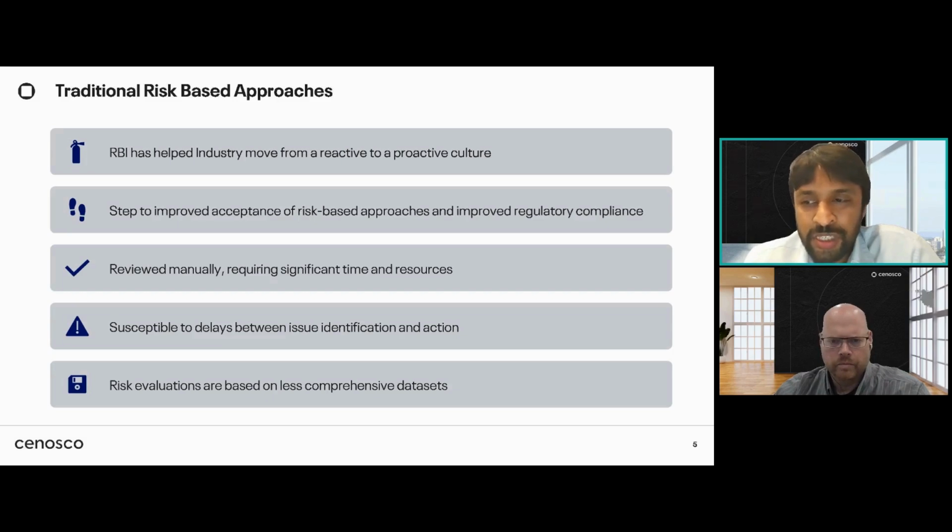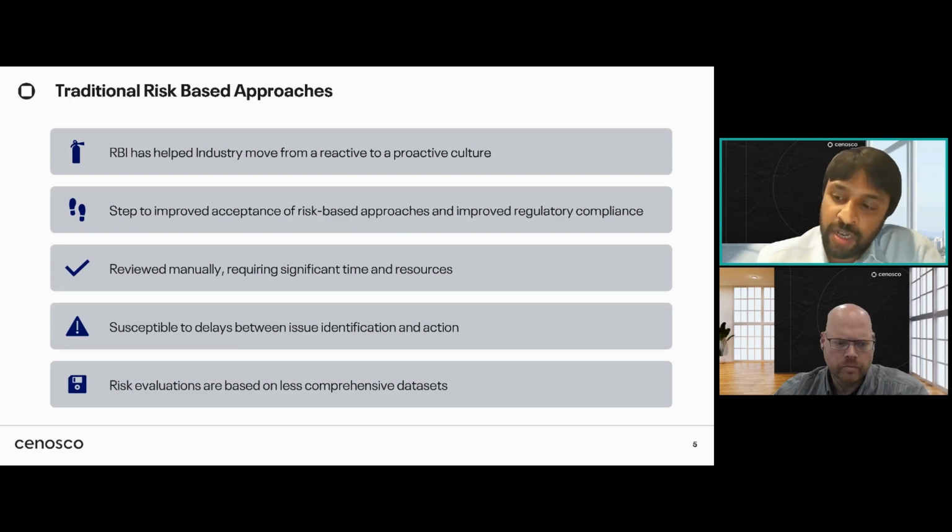Risk-based approaches typically require updates, evergreening, as it used to be called. Once an RBI is done, an inspection plan is generated. Once inspections are executed, RBI typically are updated accordingly as well. So there is a level of continuous effort required in terms of updating RBIs, identifying risks, which needs time, resources, and investment from organizations.